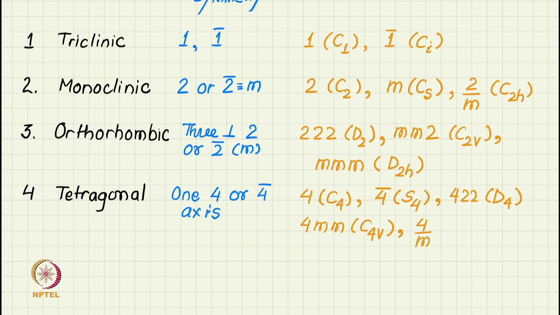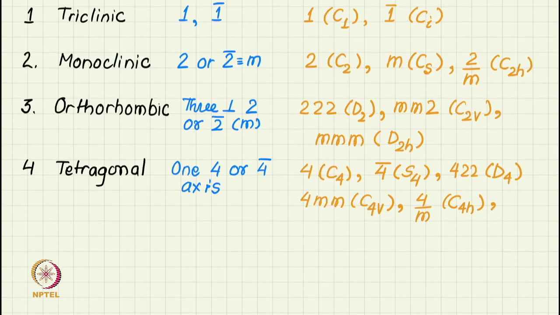And you have 4 by m, it's C4h for horizontal mirror, 4 bar m2, Schoenflies notation D2d, d for diagonal mirror with the dihedral point group 222, so D2d.